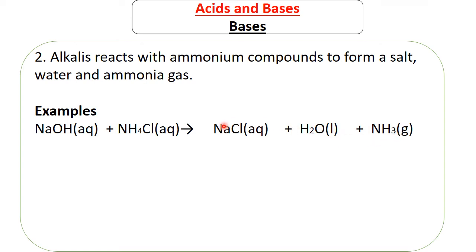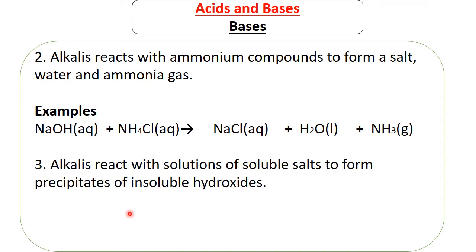When we were dealing with acids, we had the reaction where an acid reacts with carbonates to produce salt, water, and carbon dioxide. Here, when we are talking about alkalis, they react with ammonium compounds, not carbonates, to produce ammonia gas, other than the two, sodium chloride and water.